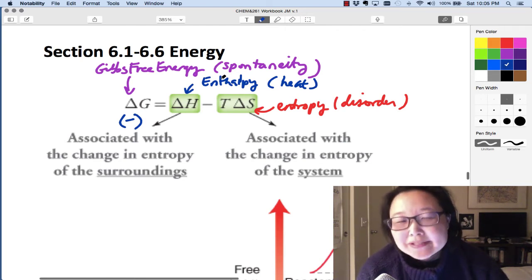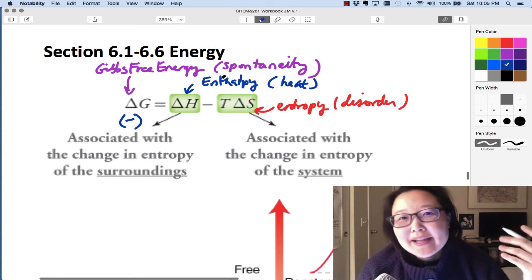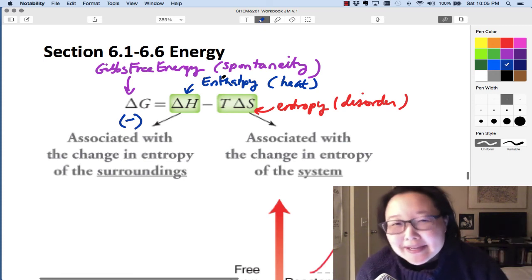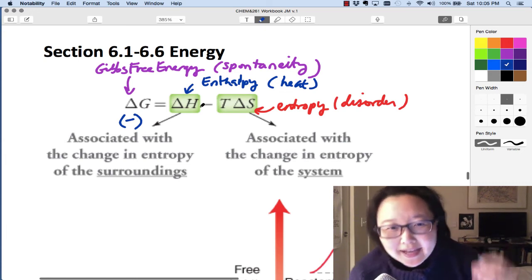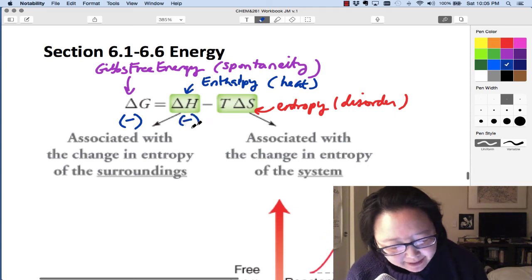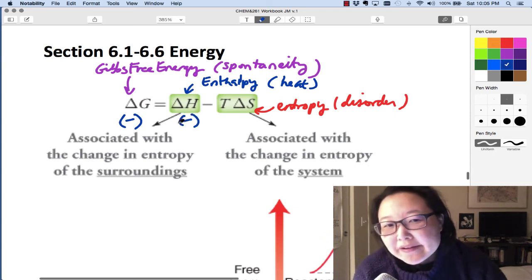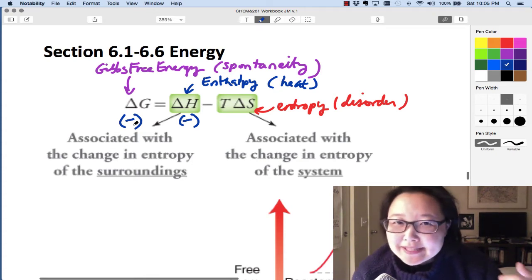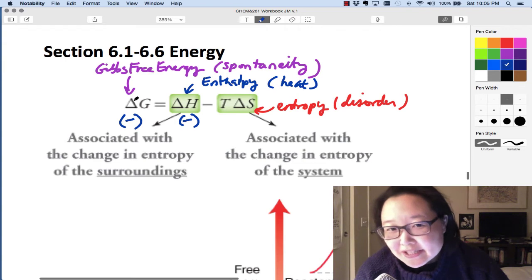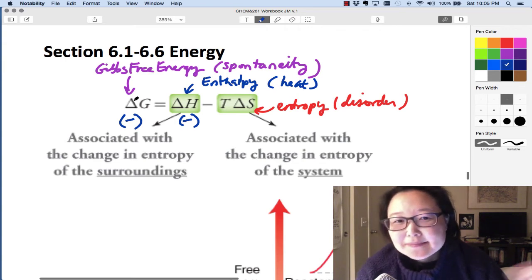You may remember doing Hess's law or heats of formation or bond dissociation calculations, and you've got negative enthalpy change is going to be exothermic, and exothermic reactions tend to drive the delta G to be negative, which means it tends to drive reactions to being more spontaneous, so more product driven, as opposed to endothermic, which will be positive delta H, tends to lead to positive delta G, non-spontaneous reactions.